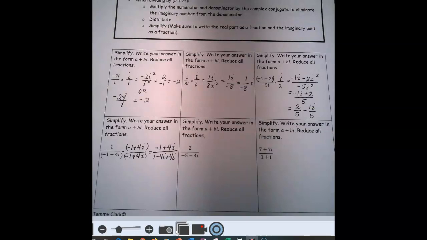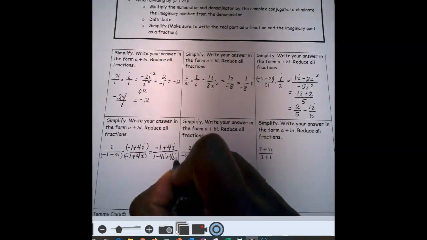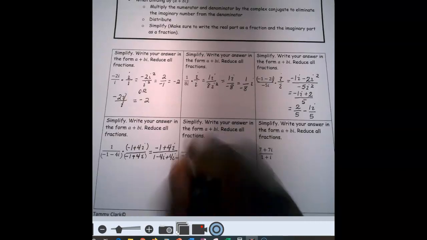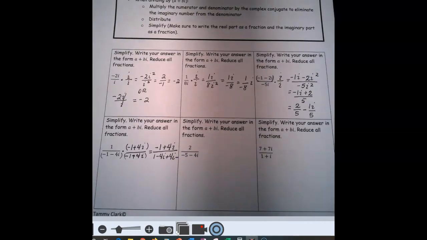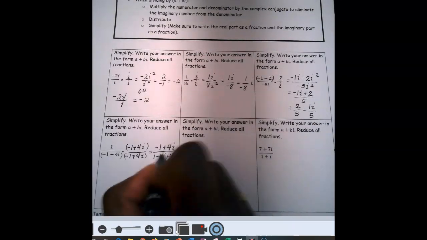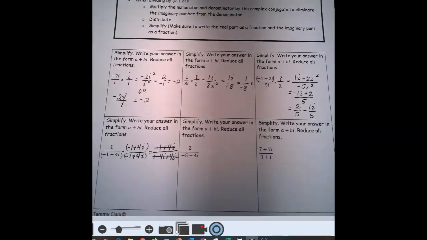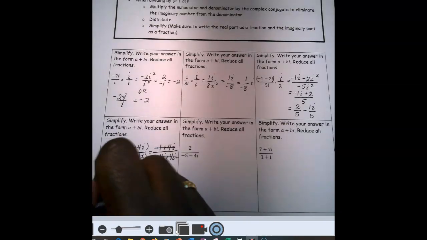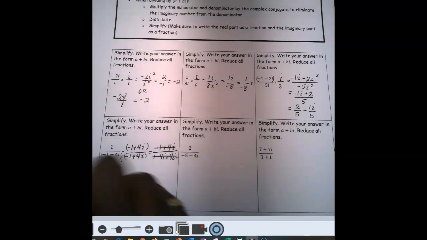And I'm running out of room. -4i times +4i is negative... I'm going to have to write it here. I hate to do this to you guys. You know what? This is what we're going to do. I'm going to rewrite this down here. So let's cross through this and put it below. How about that? That'll give us more room, and hopefully it'll keep you from getting confused on what numbers go where.